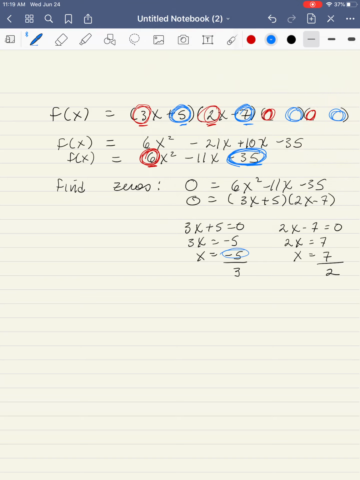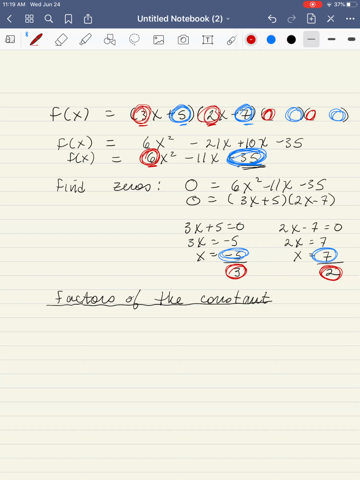But notice what happens when we solve and get our zeros. Notice that every one of our numerators here come from multiplying together to get 35. So all of the numerators are factors of the constant. They're literally what you multiply together to get the constant.